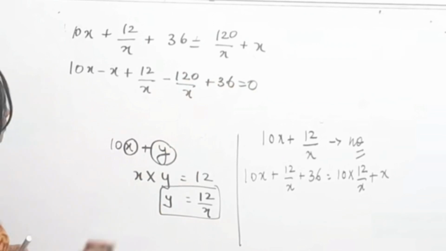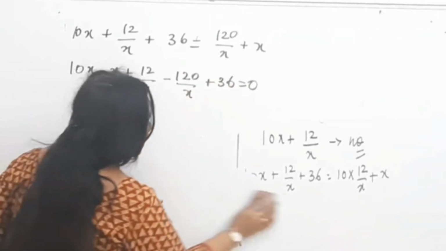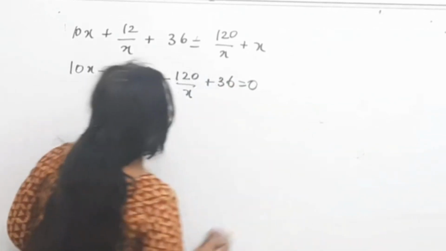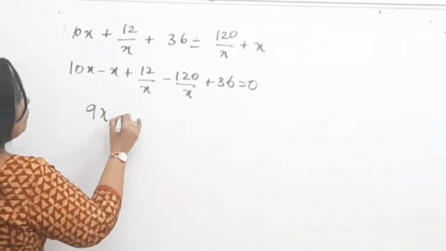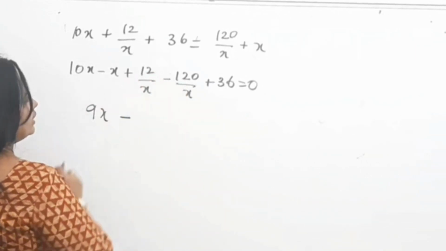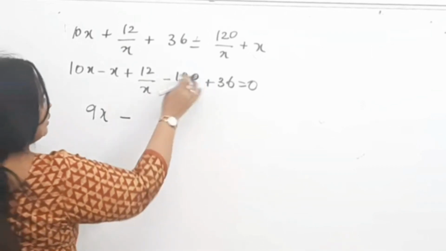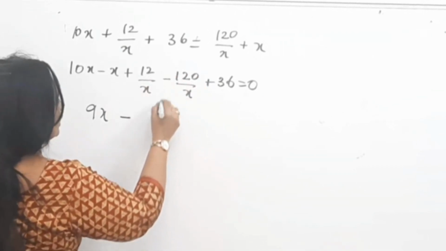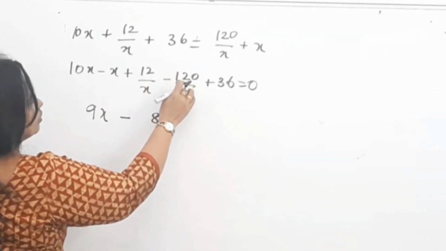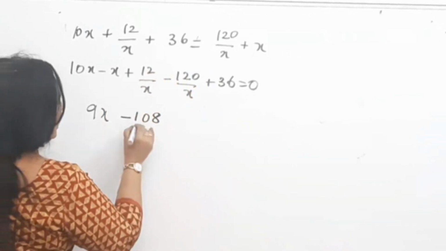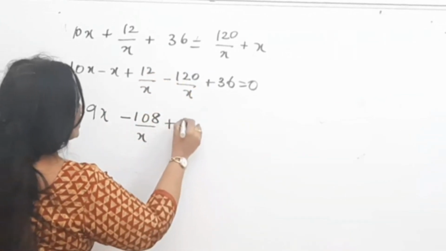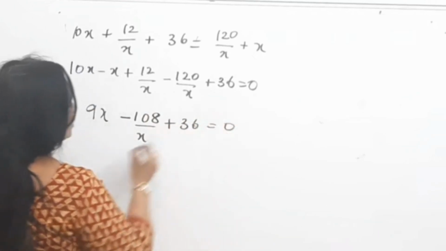On simplification, I get 9x, then 12 minus 120 is minus 108, so minus 108 by x plus 36 is equal to 0.